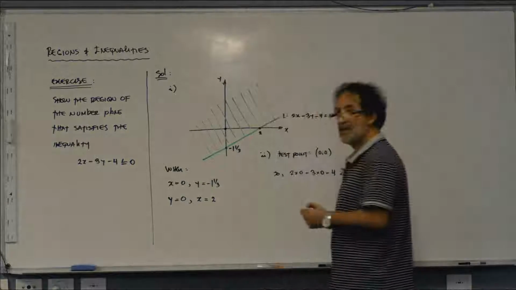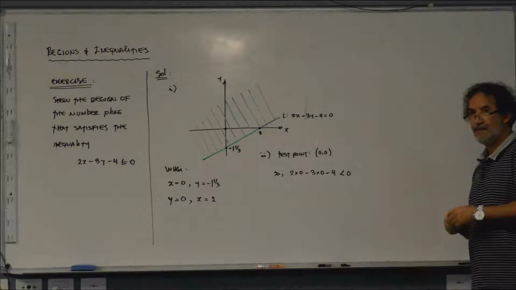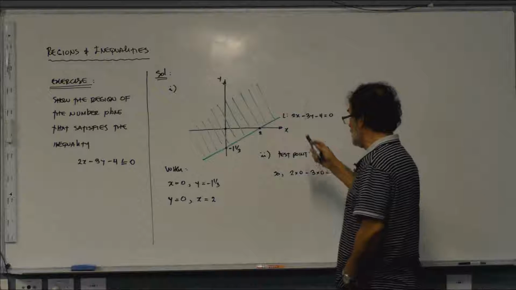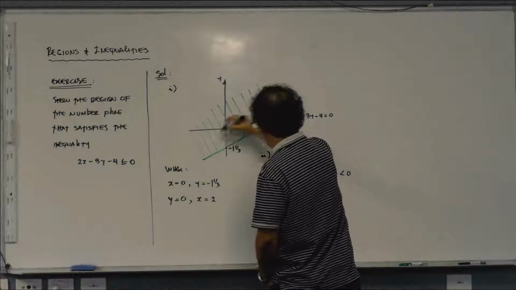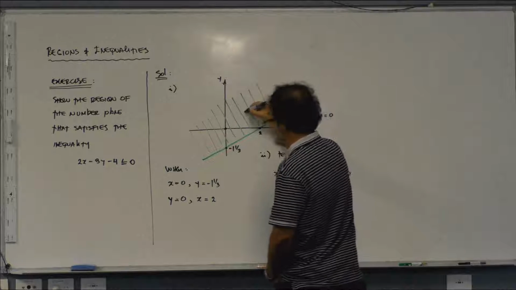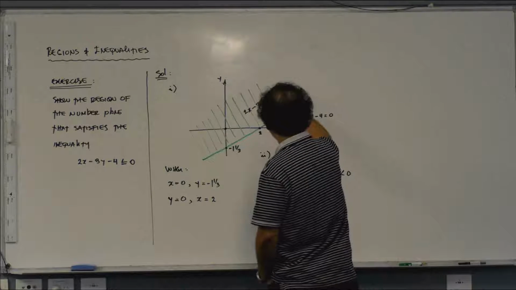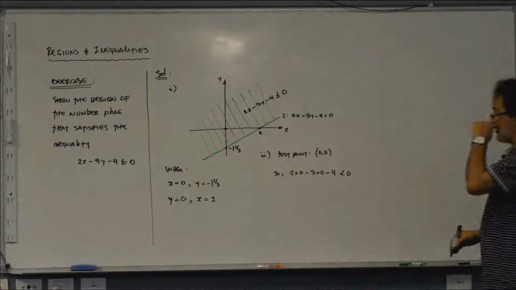Would you say therefore that R1 satisfies the equation? No, what you do is put the name of this region in here, so you put just 2x minus 3y minus 4 less than or equal to 0. Okay, so that is what you're doing.